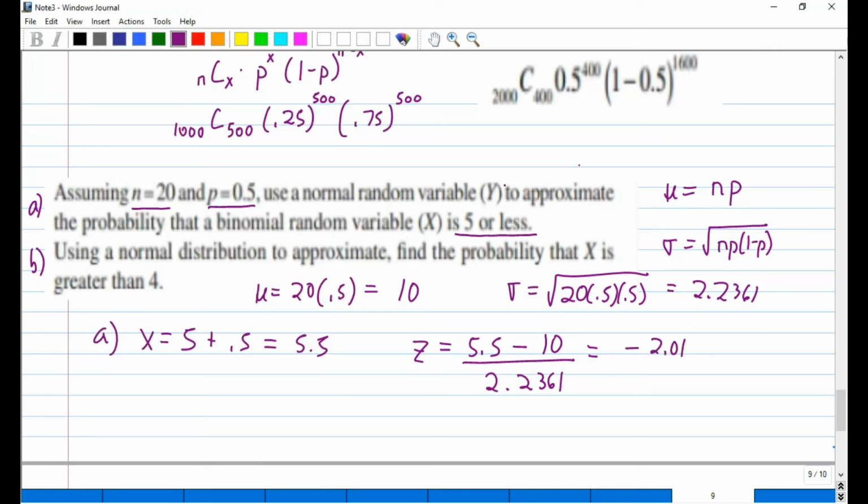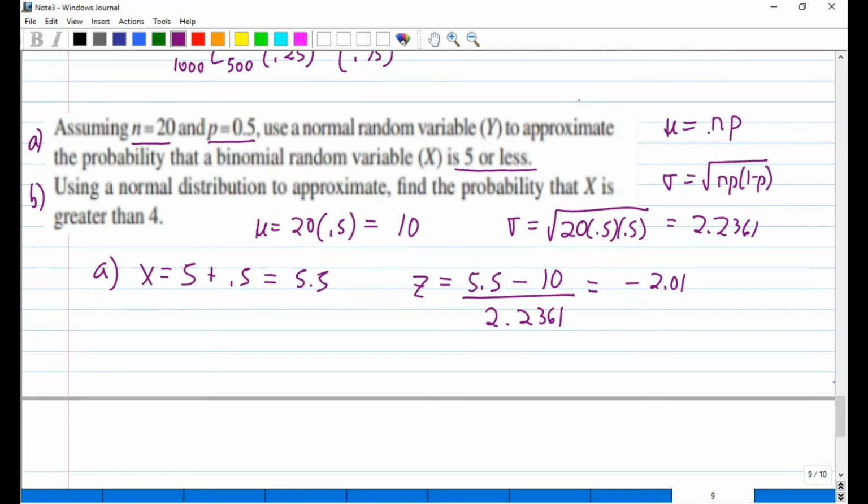All right, since this is a less than problem, I'm going to take the area to the left of that. So look at your z-score chart that we were using earlier. And let's go to negative 2.01. And for negative 2.01, I get 0.0222.